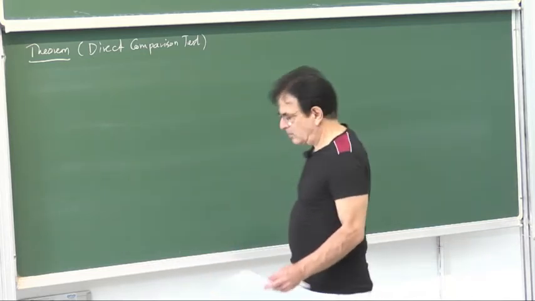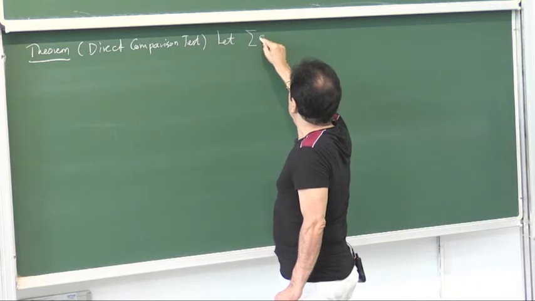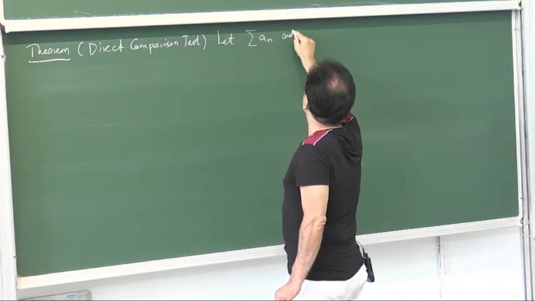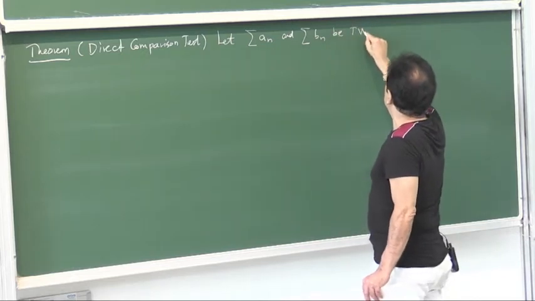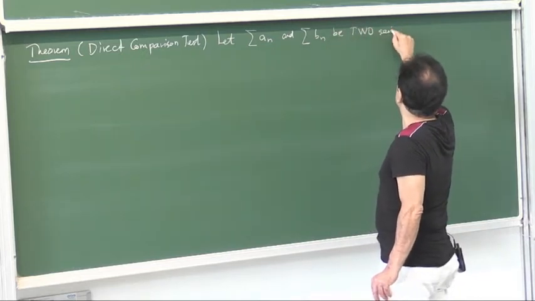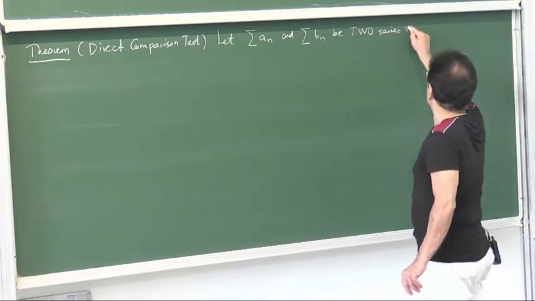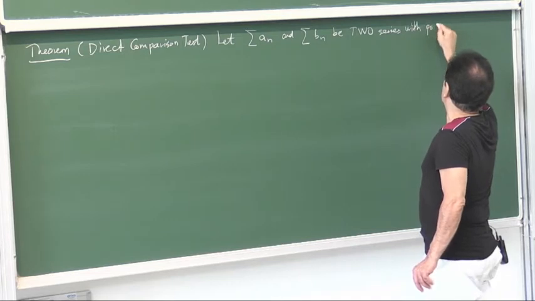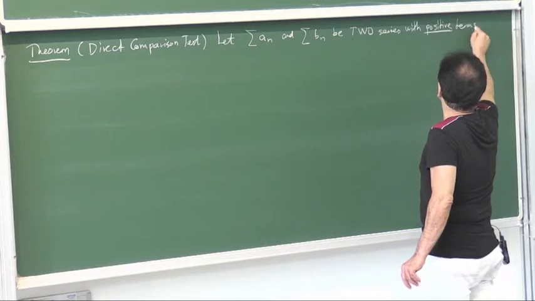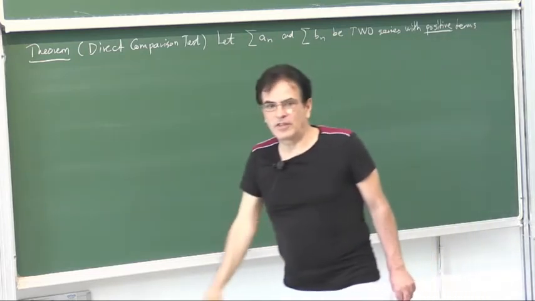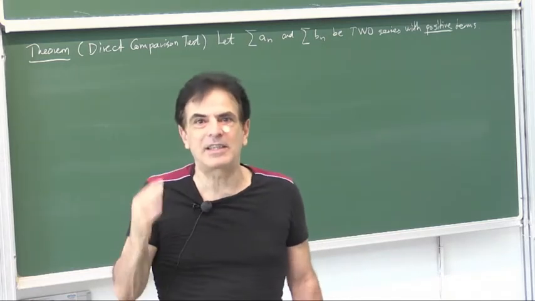Let sigma AN and sigma BN be two series, of course with positive terms, please be careful, positive terms. Therefore, if the series is convergent, the sum is a positive number.